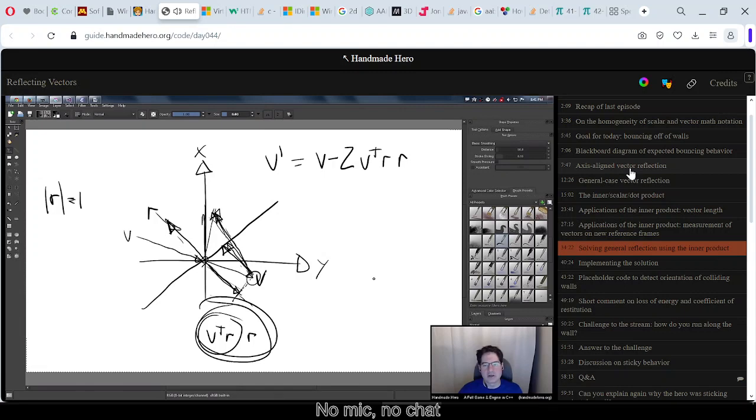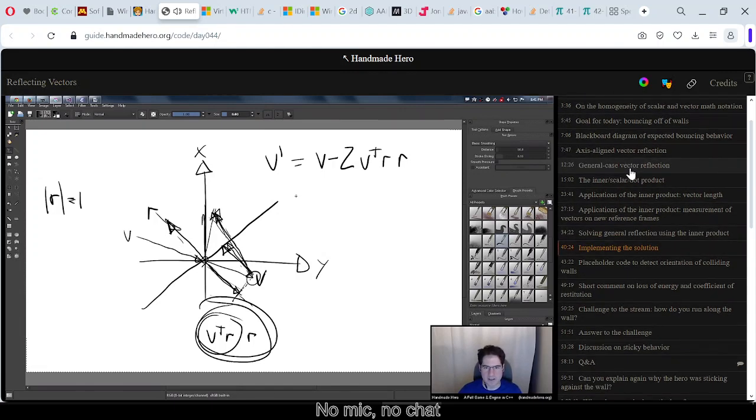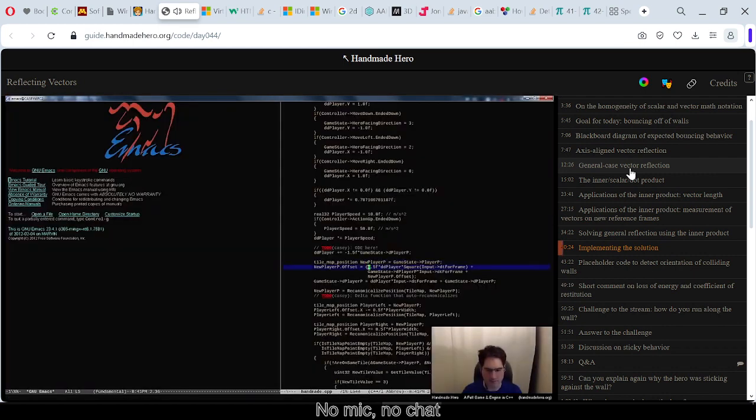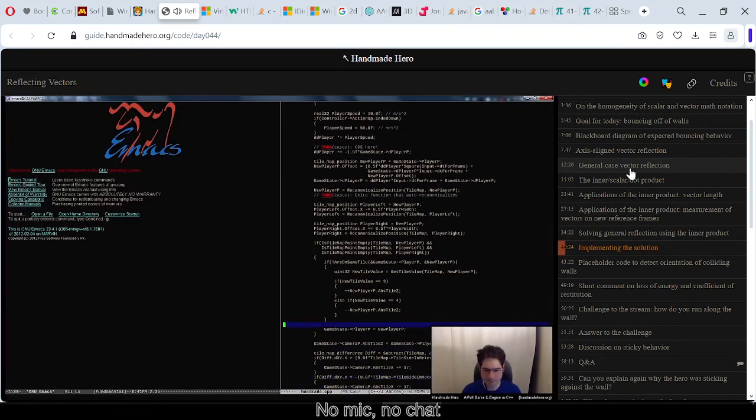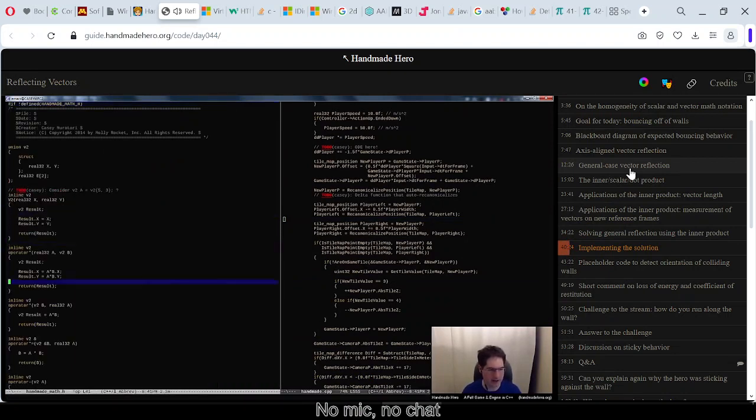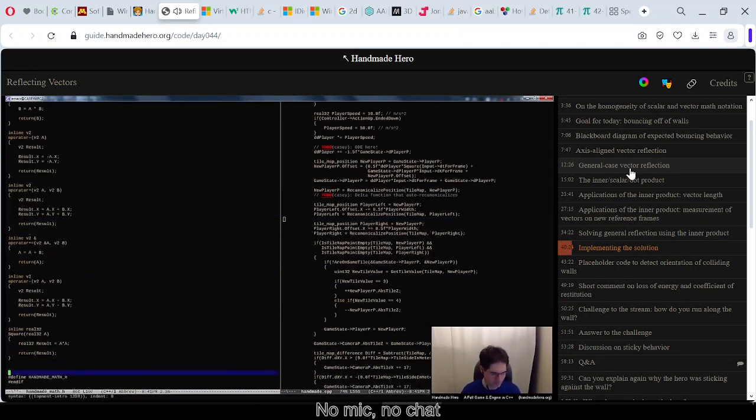Okay, so let's go ahead and just implement this. I now want to do a thing where I compute that bounce. And in order to do that, I know that I need a dot product. So we'll open up our math routines and add one. Inline, it returns a scalar value, inner product.